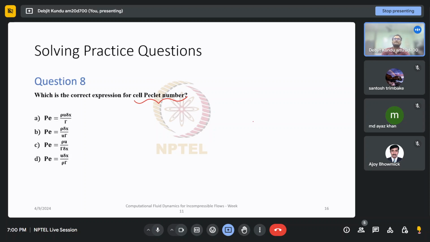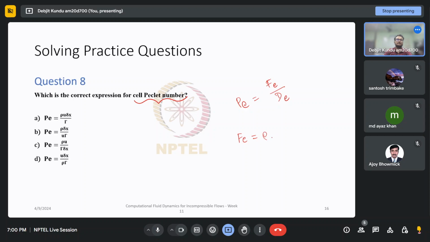So I'll give you a hint. The cell Peclet number is equal to the convective coefficient divided by the diffusive coefficient. We need to know the forms of this Fe and De to find out what the cell Peclet number is. Fe we saw earlier. What is it?